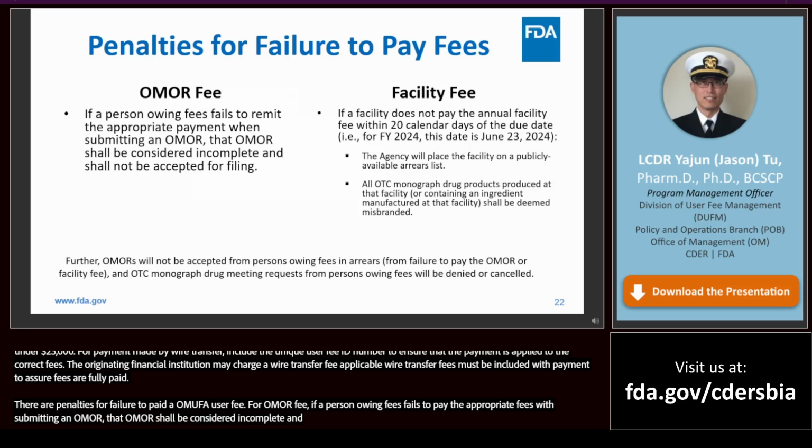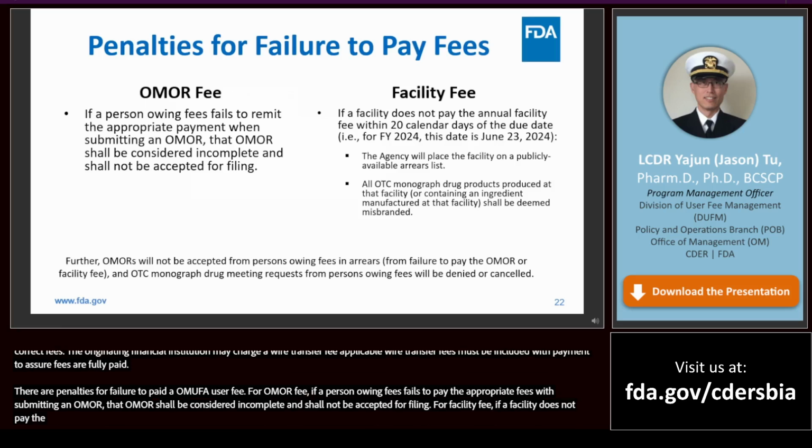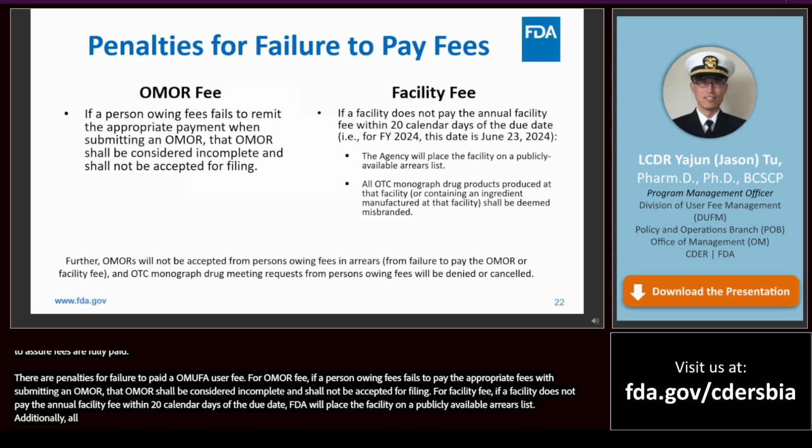For facility fee, if a facility does not pay the annual facility fee within 20 calendar days of the due date, FDA will place the facility on a publicly available arrears list. Additionally, all OTC Monograph drug products produced at that facility or containing an ingredient manufactured at that facility shall be deemed misbranded.